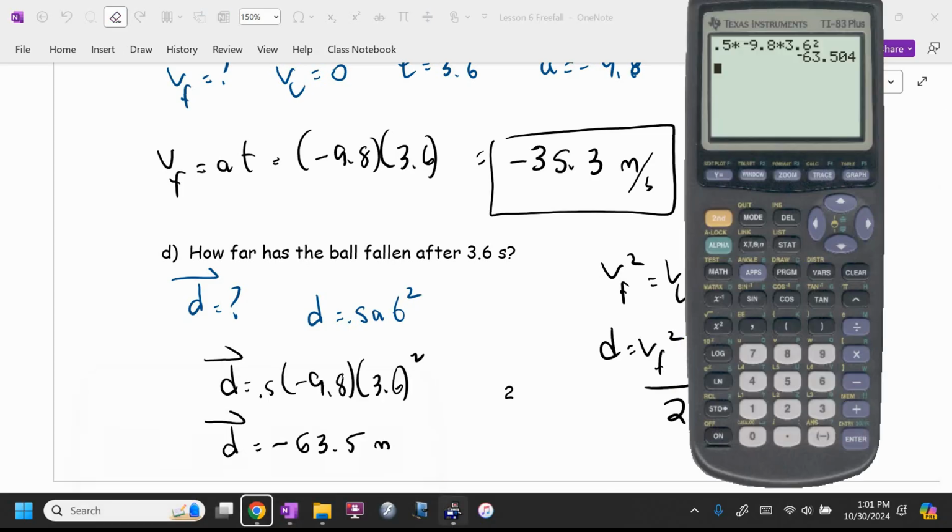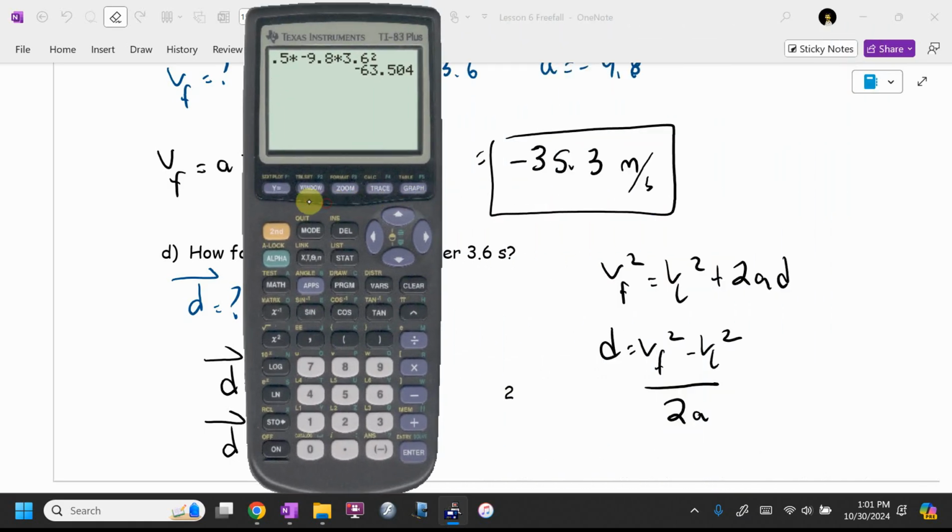I could have hustled off to my calculator and said, it's going to be negative 35.3 squared minus 0 squared, close bracket, divided by 2 times negative 9.8. And I get pretty much the same answer. Not quite, because I rounded off a little bit, but the fact that I got the same answer means I must have done both of these right.